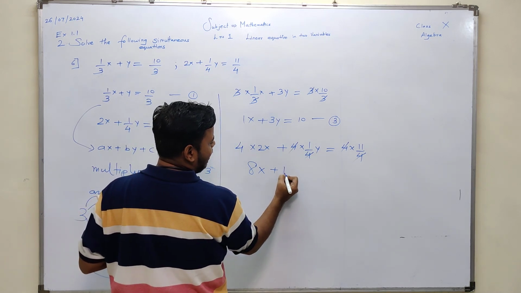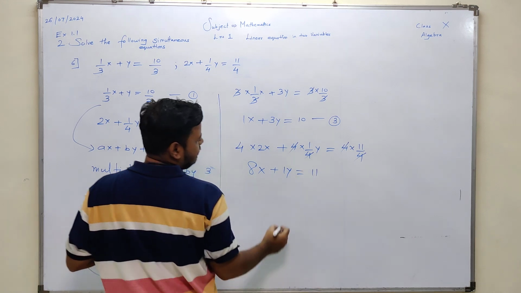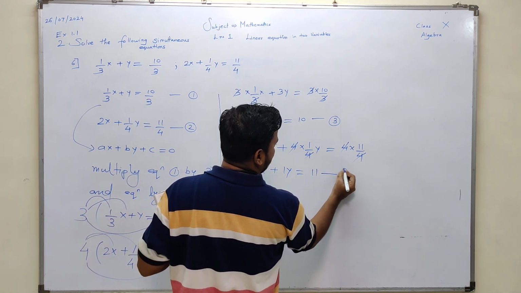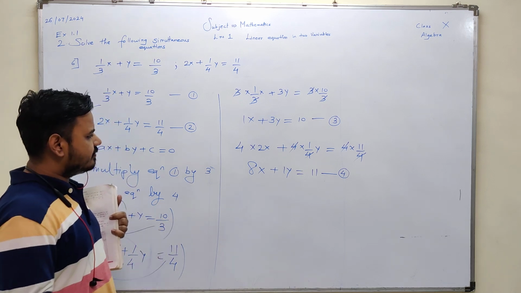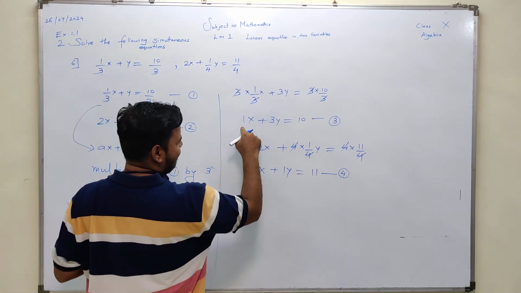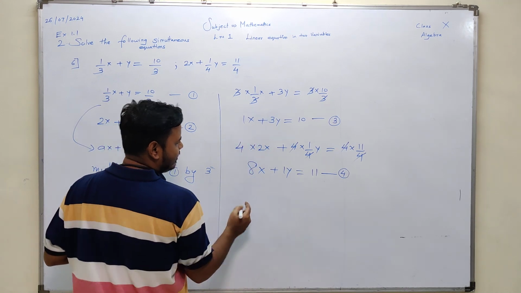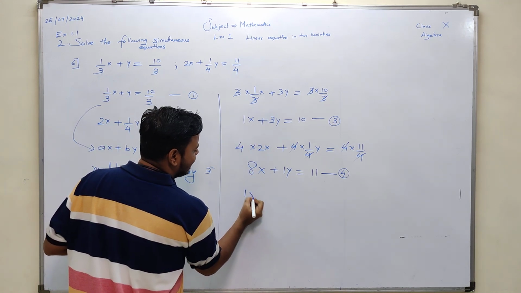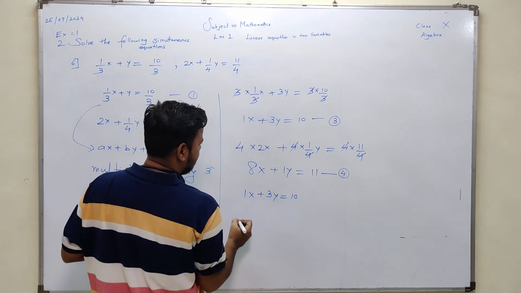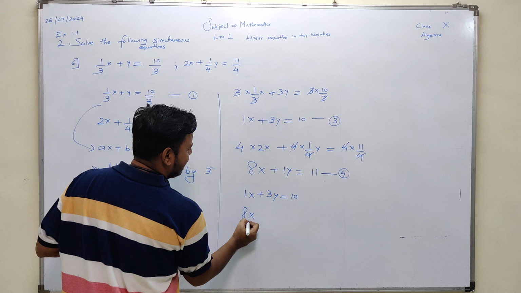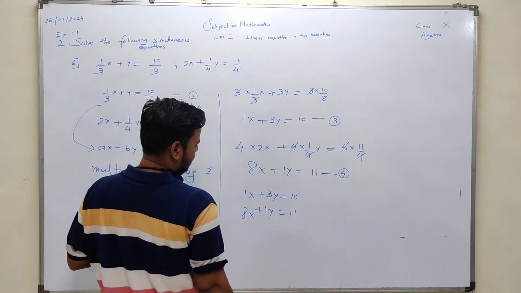This will become 1y is equal to 11. This will be your equation number 4. Got it? Now we have equation 3 and equation 4. We will write them one below the other. So 1x plus 3y is equal to 10 and 8x plus 1y is equal to 11.